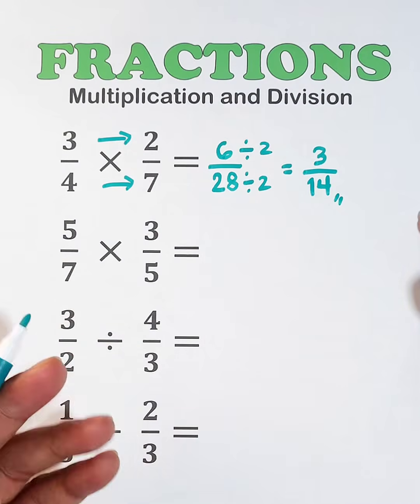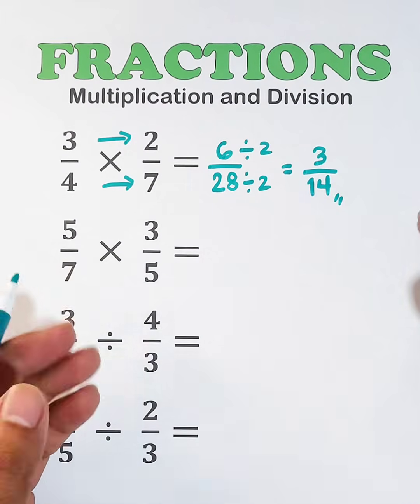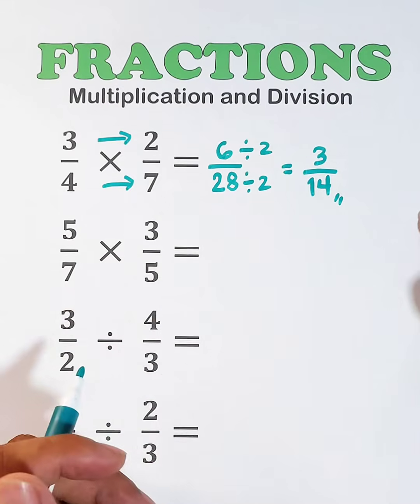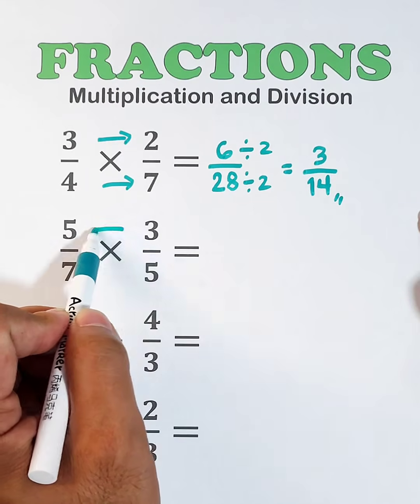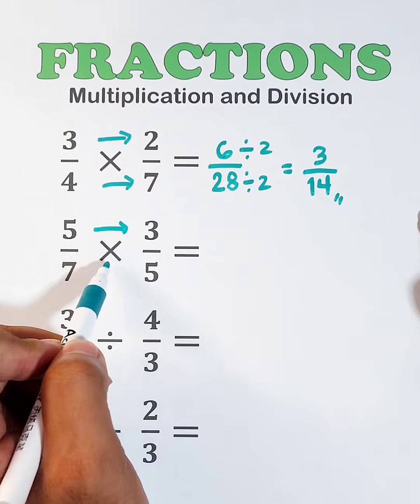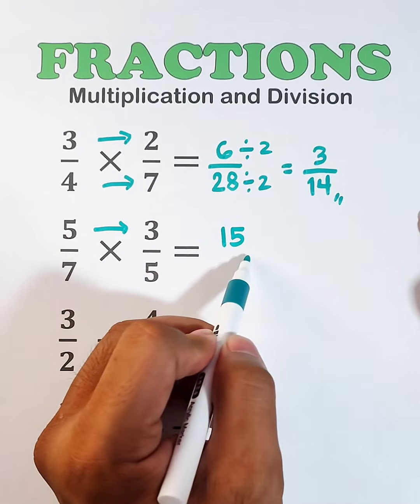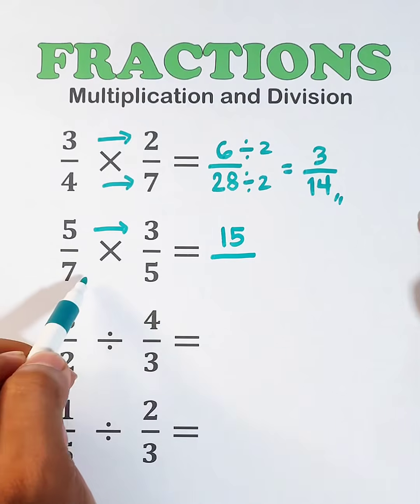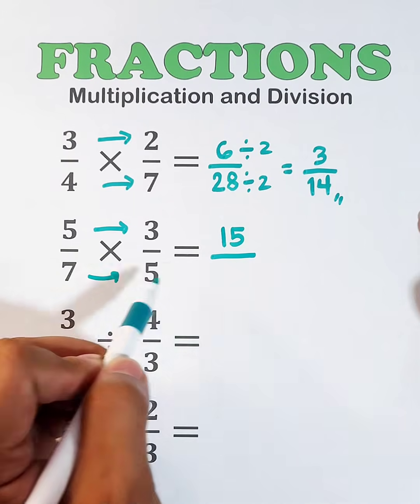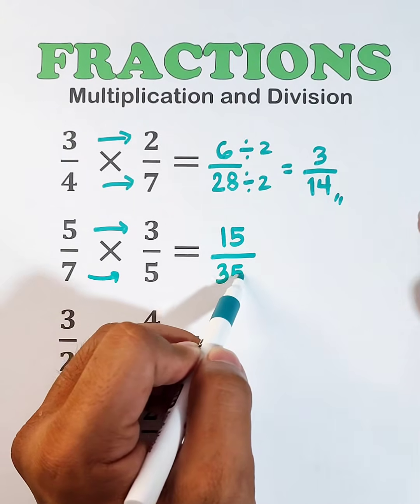Next, we have 5 over 7 times 3 over 5. Multiply the numerators. 5 times 3, which is equal to 15, over 7 times 5, that is 35.